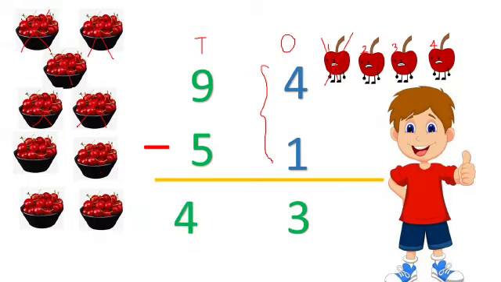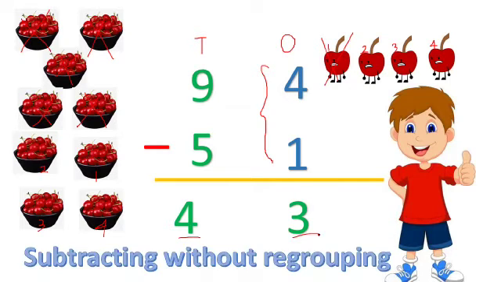Excellent. 1, 2, 3, 4. So 9 minus 5 equals 4. So the answer is 43. This is subtracting without regrouping. We didn't do any regrouping.